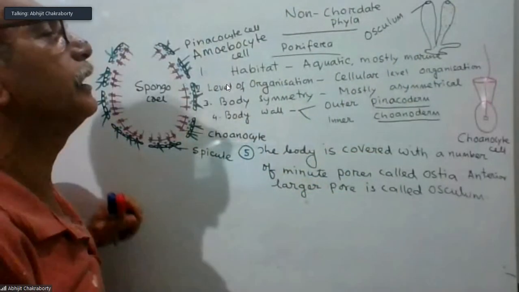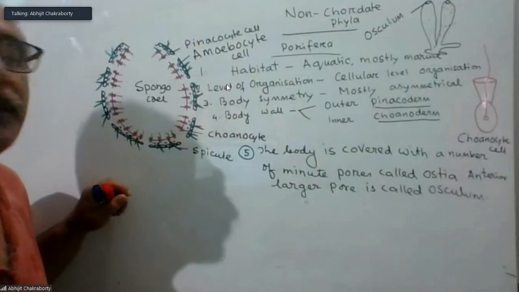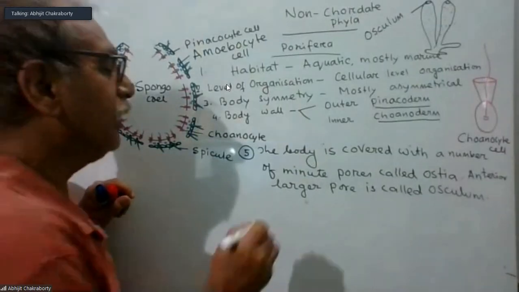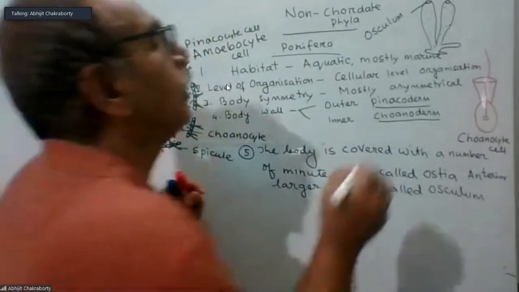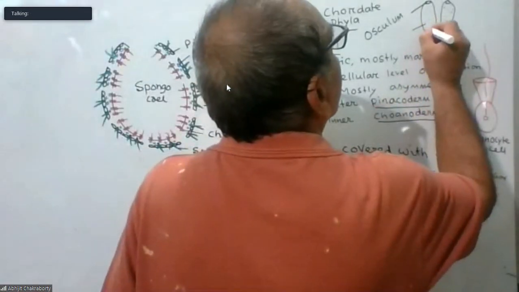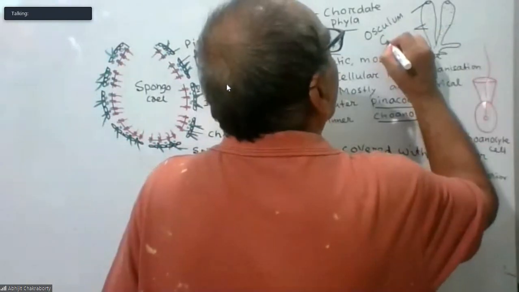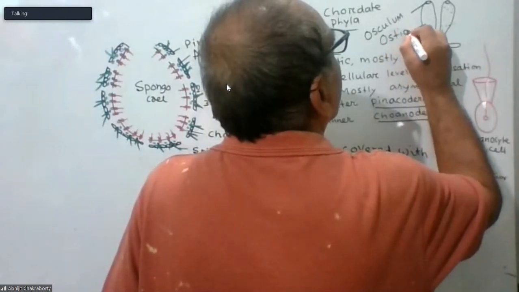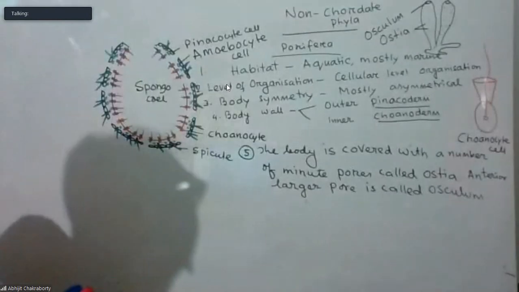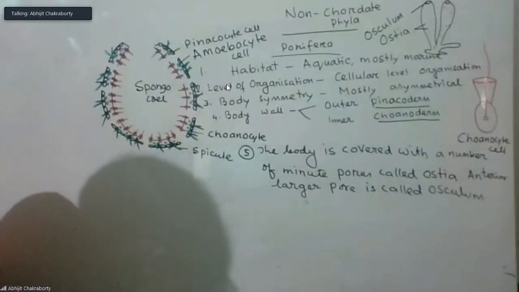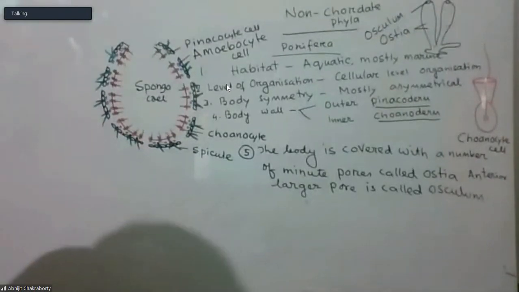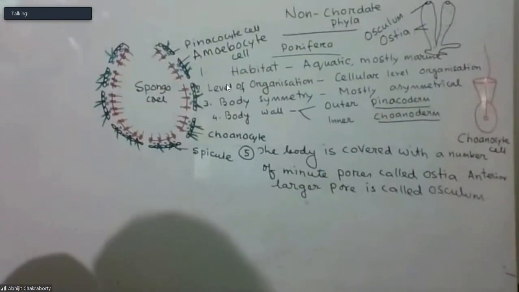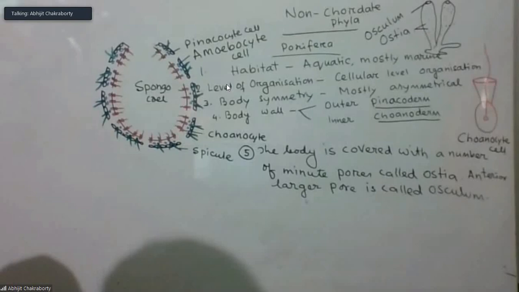Through these pores water enters the body. So the numerous posterior pores are called ostia, and the anterior larger pore is called osculum. So you can write them. Ostia. Is it clear up to this?